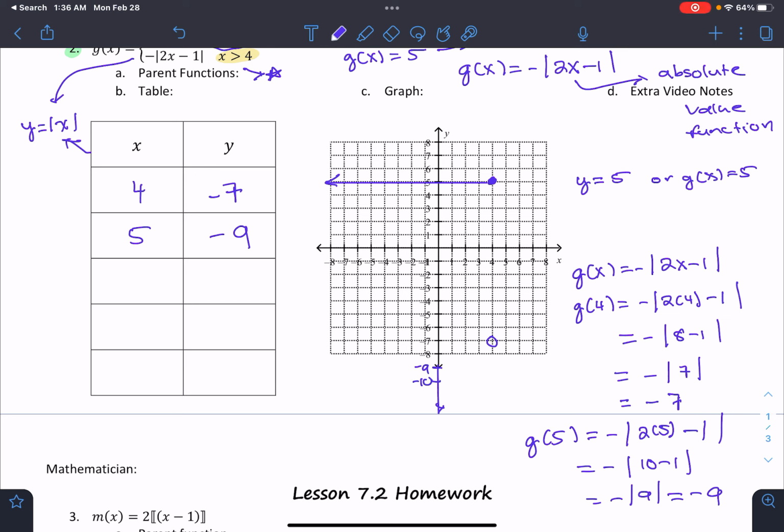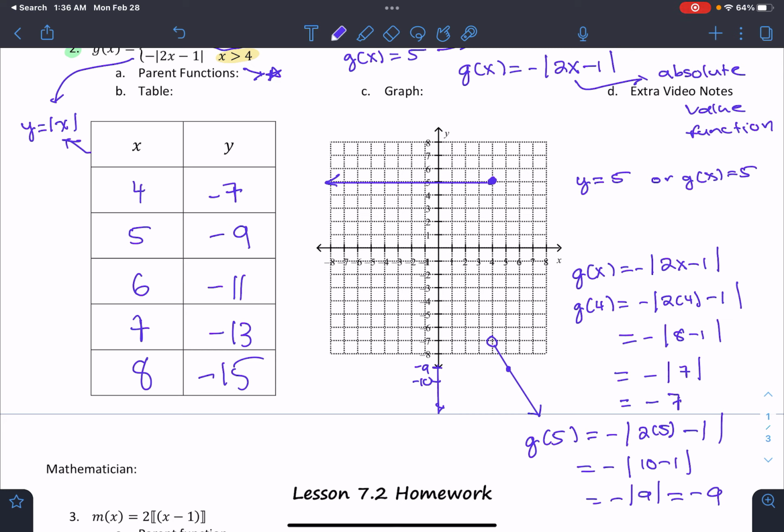You see that at 5, it's negative 9, so that's right over here. And you just keep doing this. If you pick 6, 7, 8, you're going to get negative 11, negative 13, and negative 15. So pretty much it just keeps going down like this.